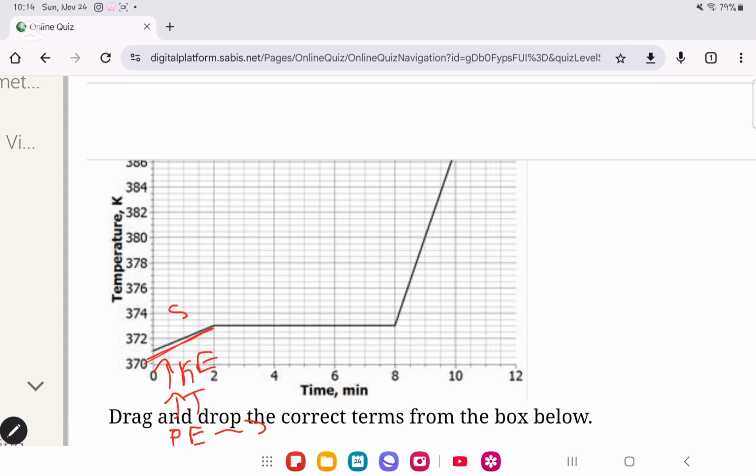When we move to the next one, because it is a flat plateau, that means the potential energy is increasing. Kinetic energy stays the same, temperature stays the same, and what's happening is that the solid is turning into a liquid.